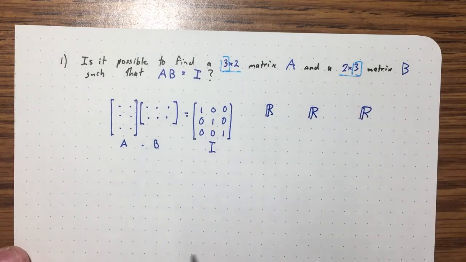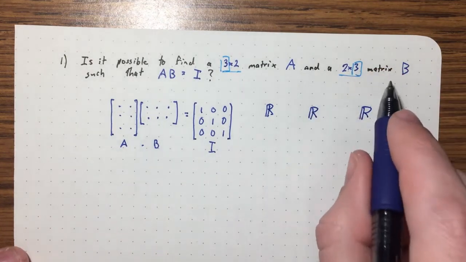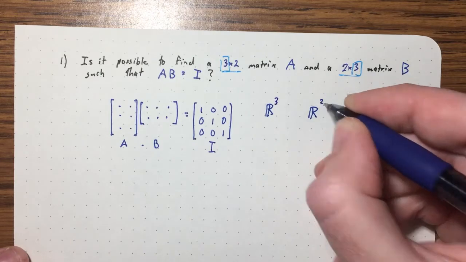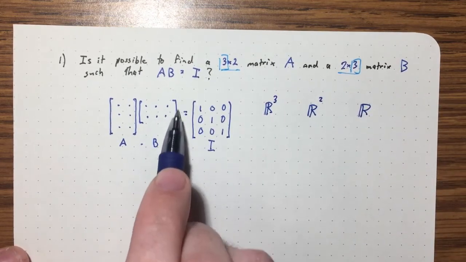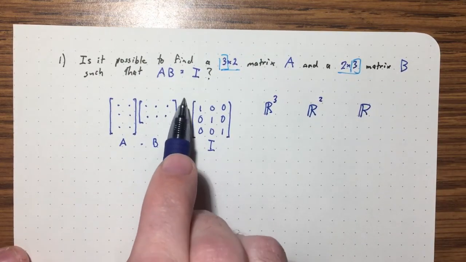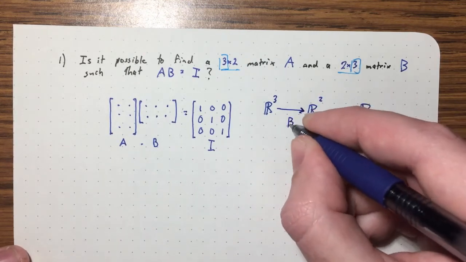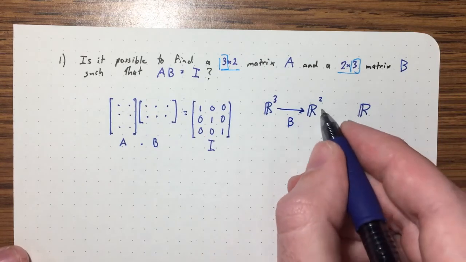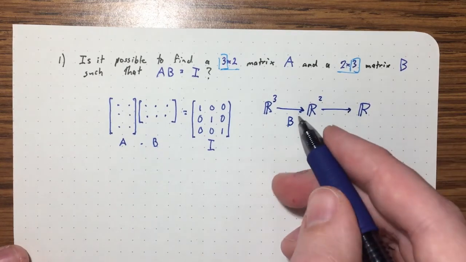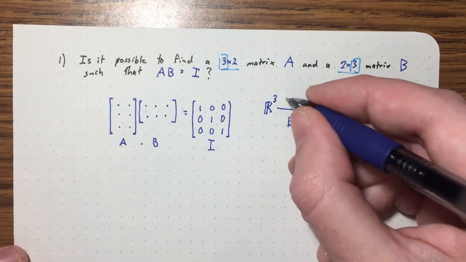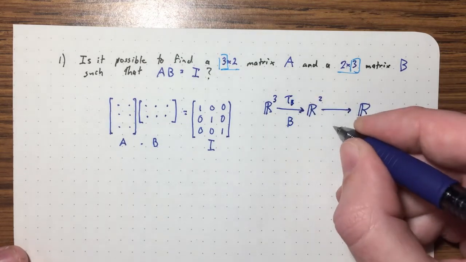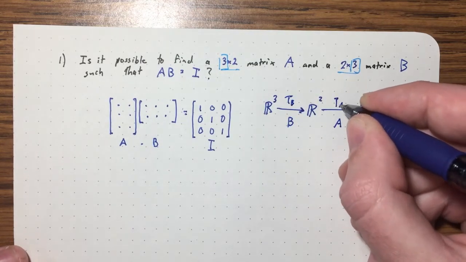I'm applying B, and B is a linear transformation from R3 to R2. Imagine I have a vector on the right side of B. It has 3 components, right? So this is the transformation associated to B. I'm just going to write B, even though technically I should write T or something. It's a transformation associated to B. And this is the transformation associated to A. Okay?